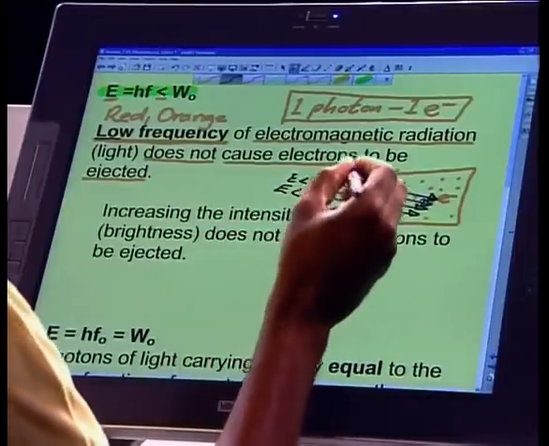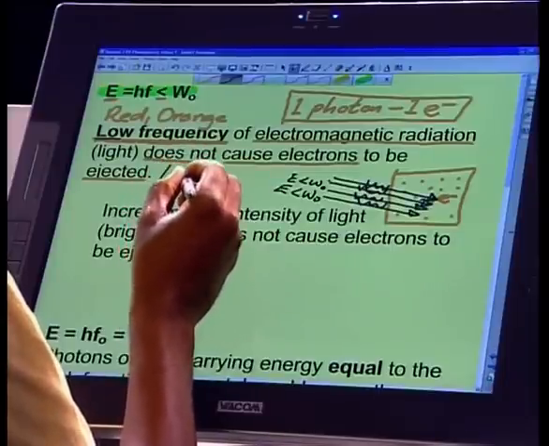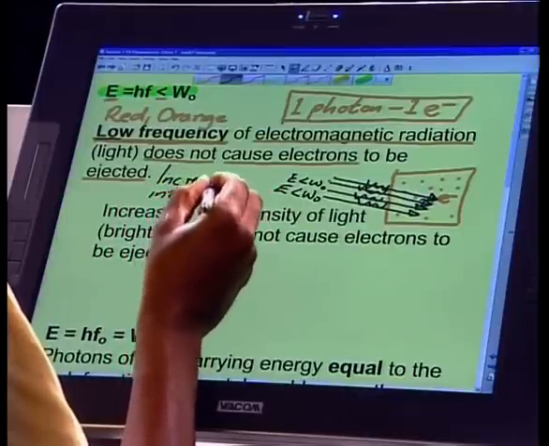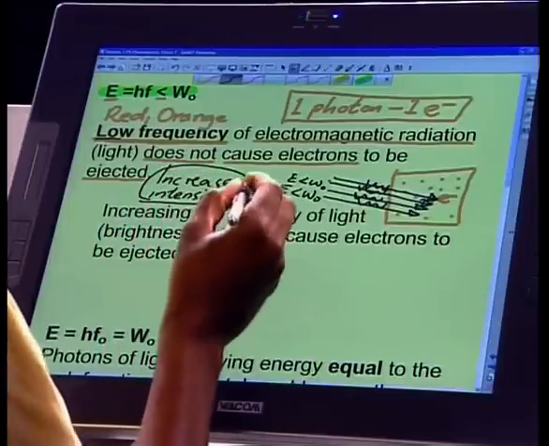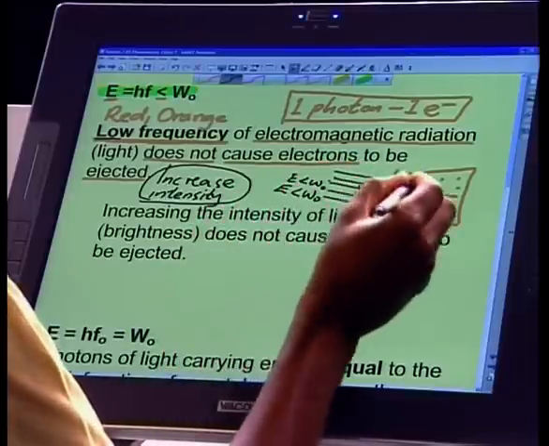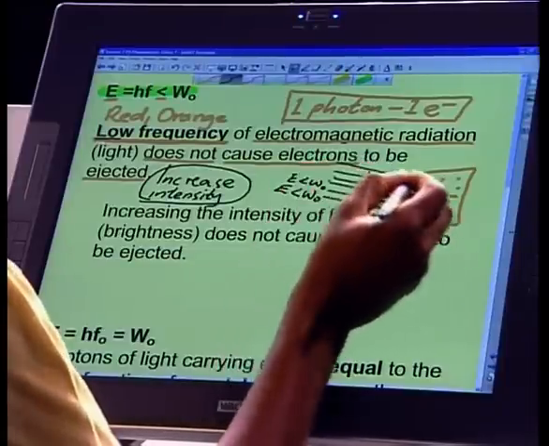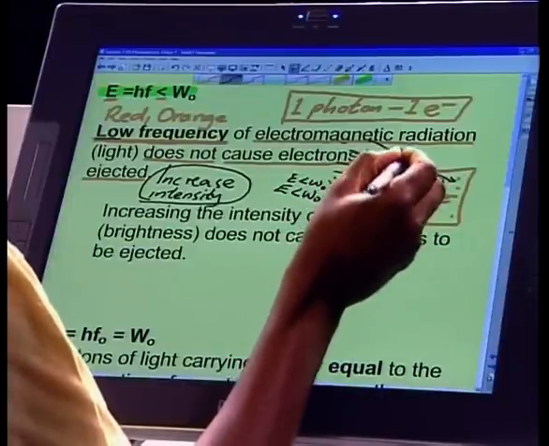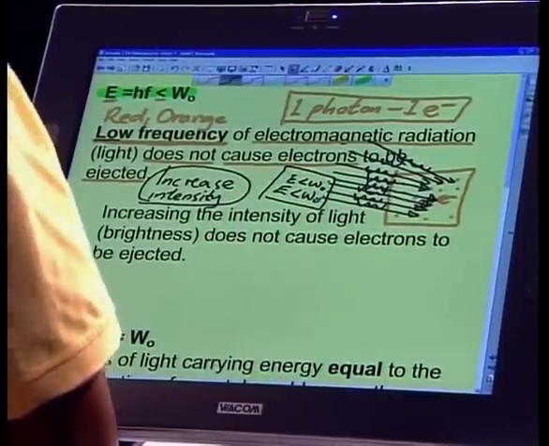Even if I increase the intensity of this electromagnetic radiation, which is light, this increase in intensity won't cause any electrons to be ejected. Why? Because an increase in intensity just means that you have more photons coming in. But all these photons are carrying energy less than the work function, and therefore they are not going to cause any electron to be ejected.